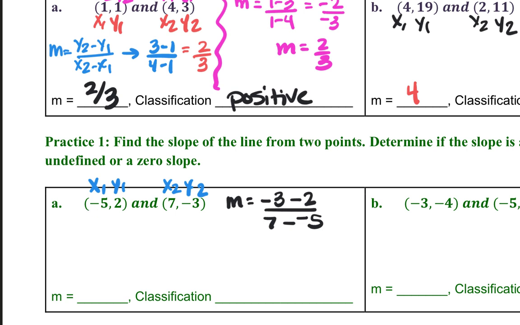The negative is with the number, so just be careful with your negatives. The double negative is going to make it a positive. So now we have negative 5 over 12. Can we reduce that? No, so I'm going to leave it as negative 5 over 12, and this is a negative, right? It's a negative slope.